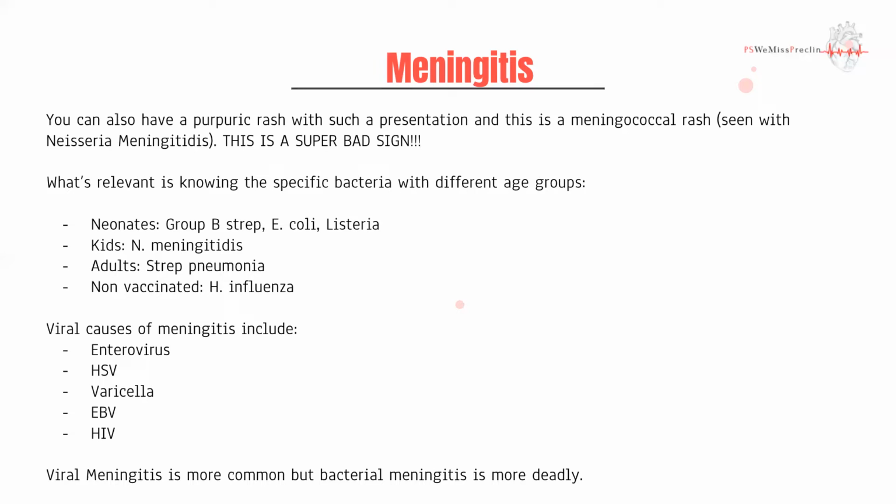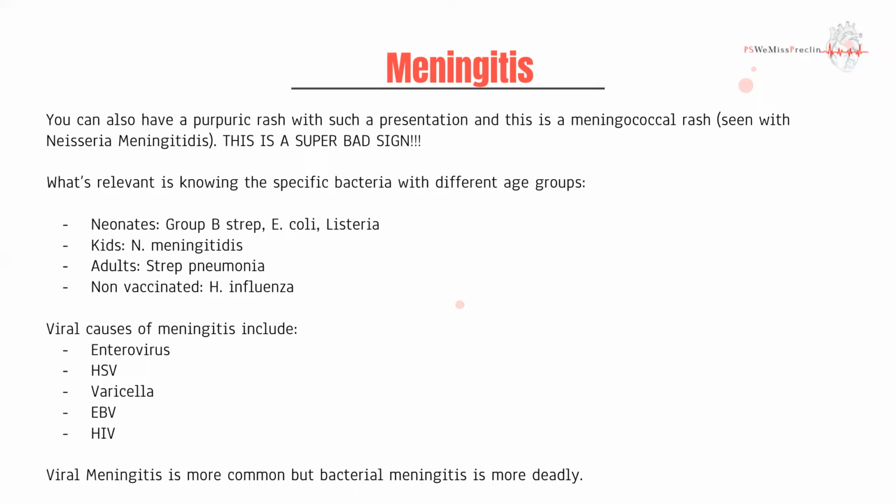With kids, the most common cause is Neisseria meningitidis, and with adults, it's strep pneumoniae. The most common cause overall is still strep pneumoniae. For non-vaccinated people, the leading cause or a cause to consider is Haemophilus influenzae. Now, this is perishingly low because we have a vaccine for it, which we give quite extensively.